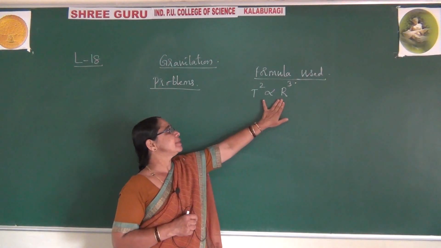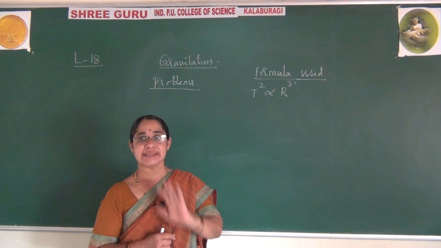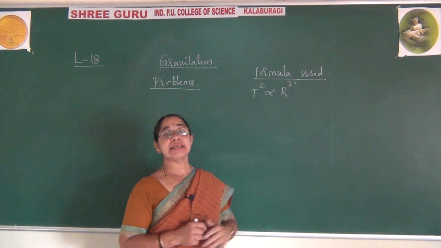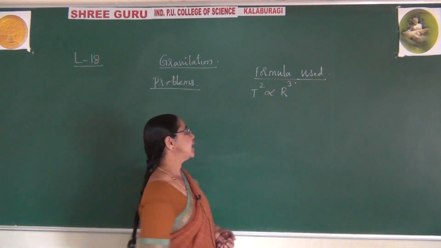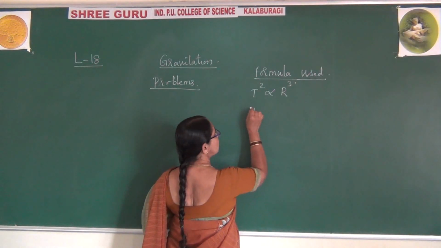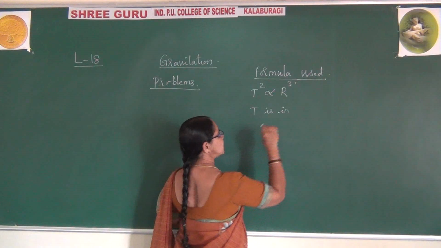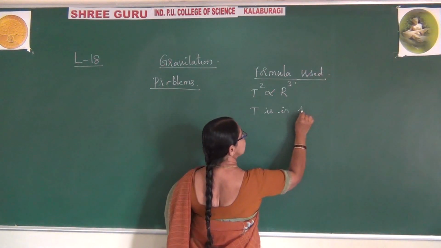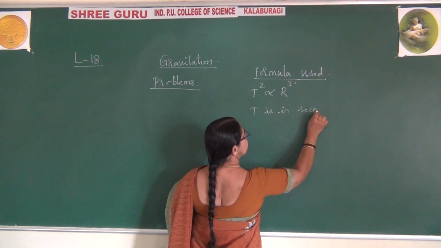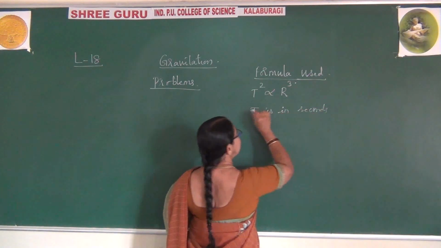R represents distance, T represents time period. This time period is always expressed in seconds. This is the unit for time period.